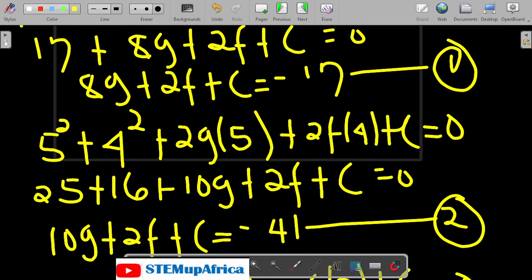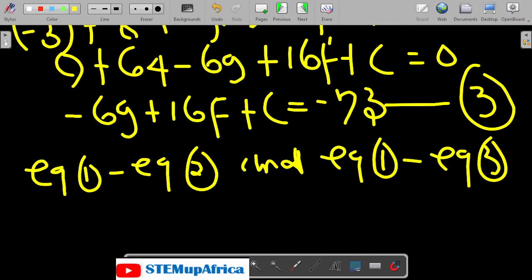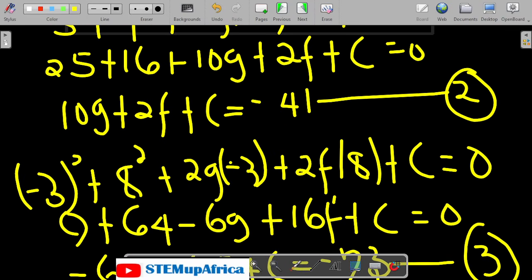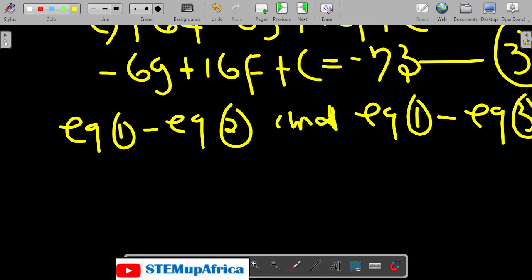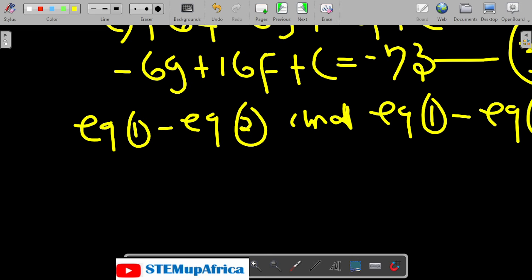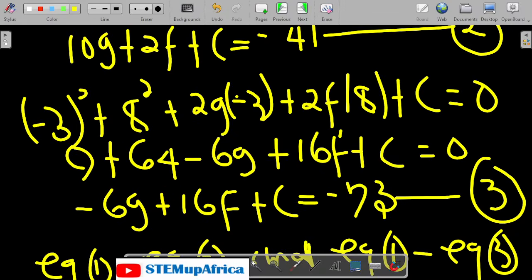So equation 1 minus equation 2, that will give us 8g minus 10g, that will give us minus 2g. Then we have 2f minus 2f, which gives 0. Then we have minus 17 minus minus 41.